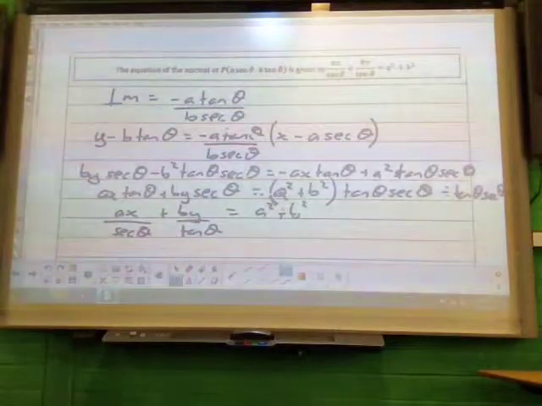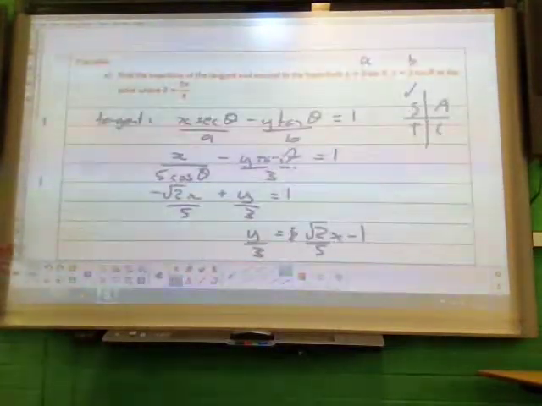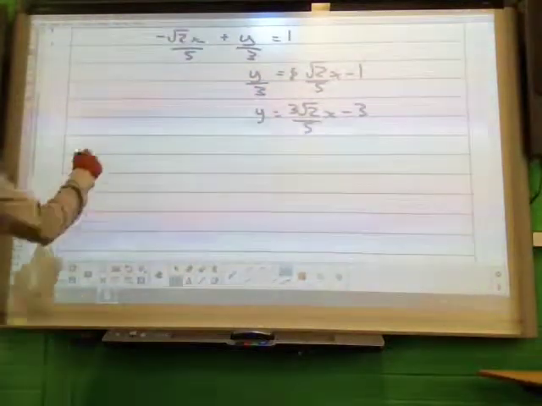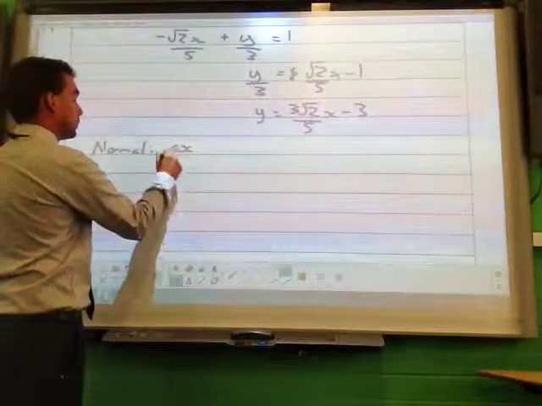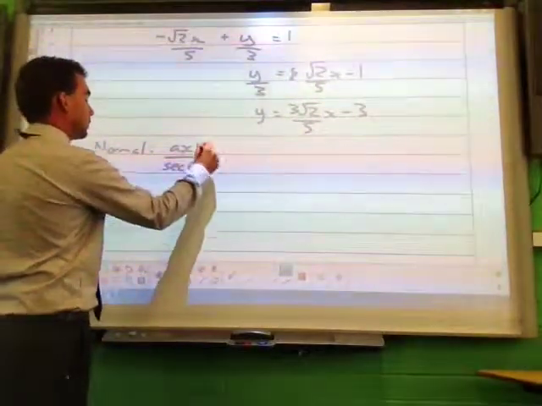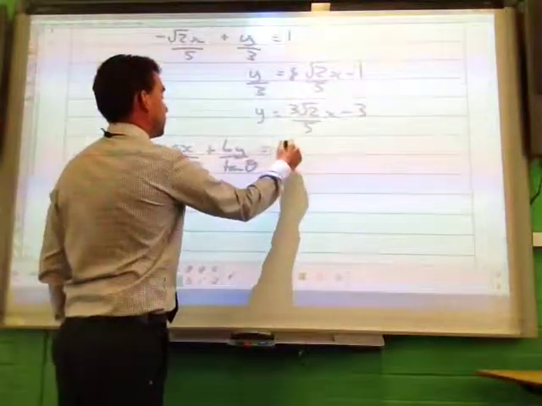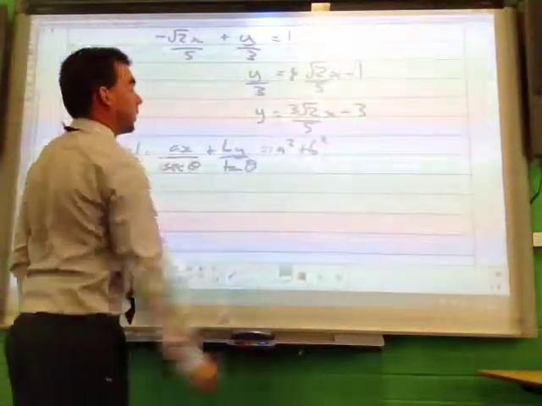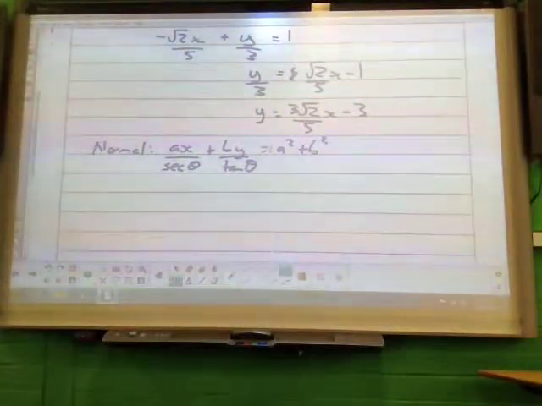Okay, so we derive the normal as AX over sec theta. This gets derived exactly the same way as I did, but now that you know the value of theta, that will change your approach slightly.